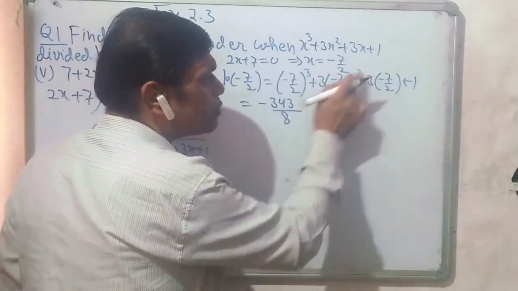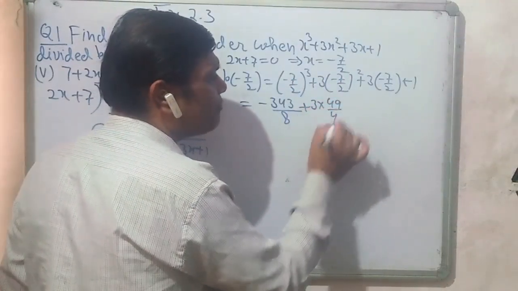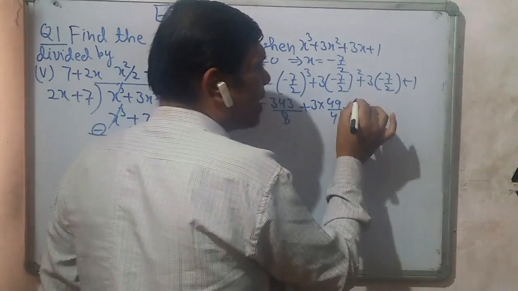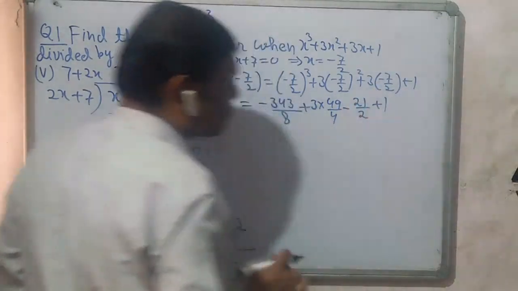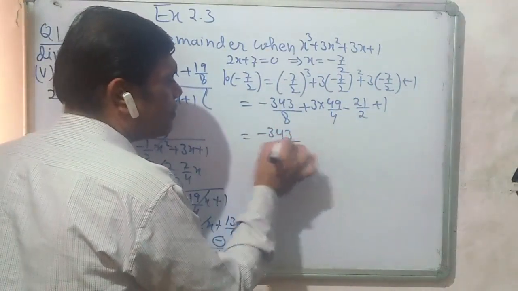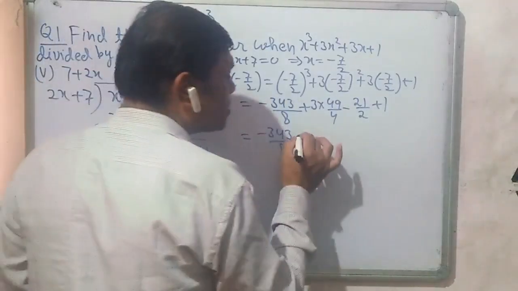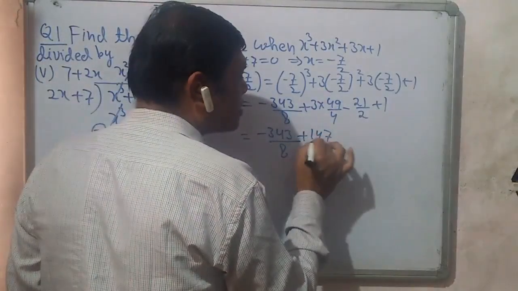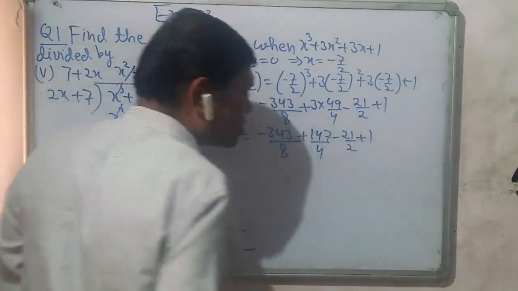Here it is square, plus 3 into 49/4, minus 21/2 plus 1. Solve it further. Minus 343/8. How much? 147/4 minus 21/2 plus 1.